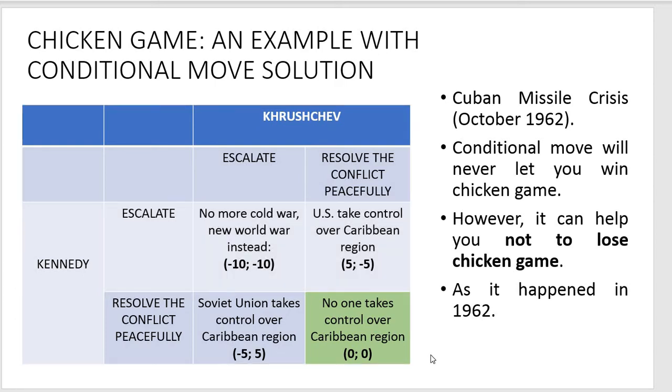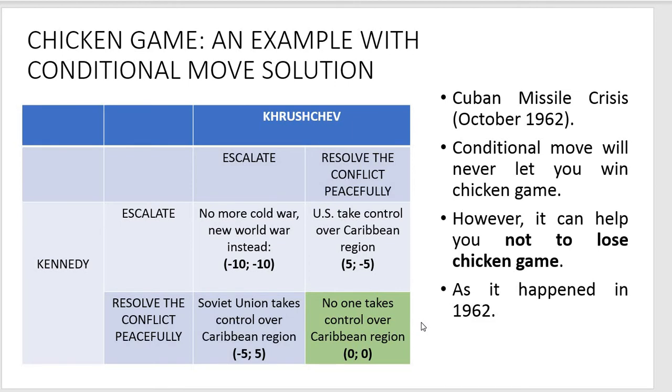Of course, the credibility of this commitment is very questionable, but in order to win this game, the Soviet Union would have to do the same. But I think stakes were too high in this particular case. So both parties decided not to make any unconditional commitment, but instead to go for a conditional strategic move.